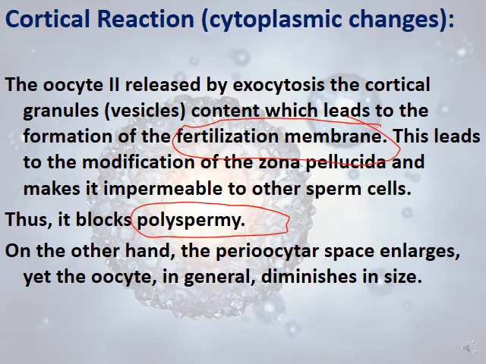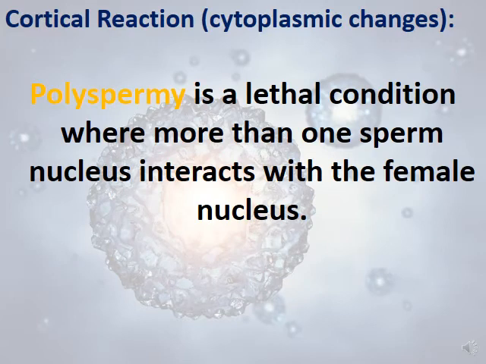On the other hand, the perivitelline space will be larger in size, yet the oocyte diminishes in size. So what is polyspermy? It's a lethal condition where more than one sperm nucleus will react with the female nucleus, and this is the fertilization membrane. And also the modifications allow the zona pellucida to be impermeable to other sperm cells, thus preventing polyspermy.